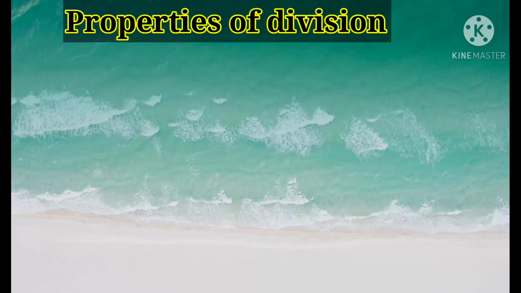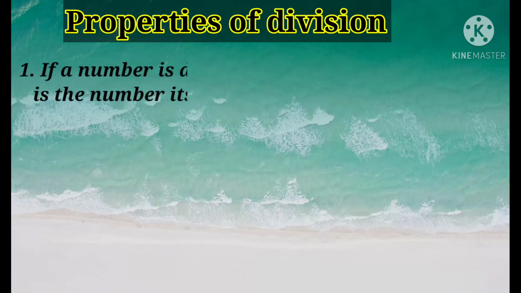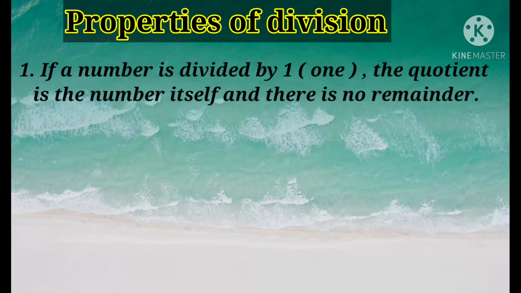Now let's see some properties of division. First property is if a number is divided by 1, the quotient is the number itself and there is no remainder. For example, 175 divided by 1 is equal to 175.